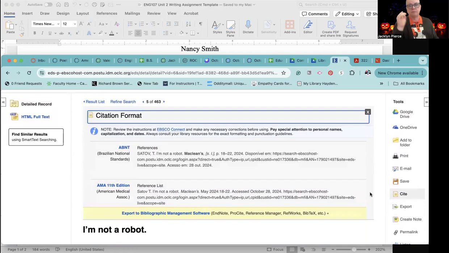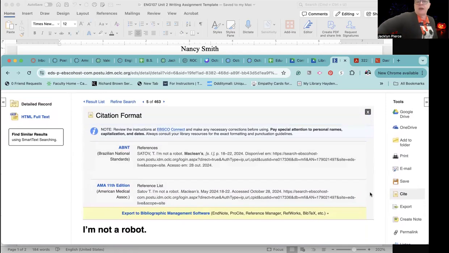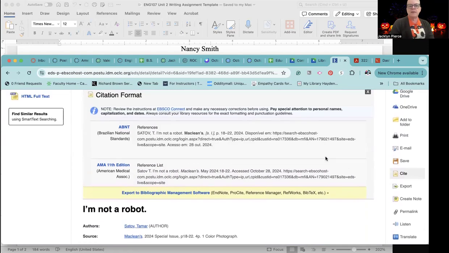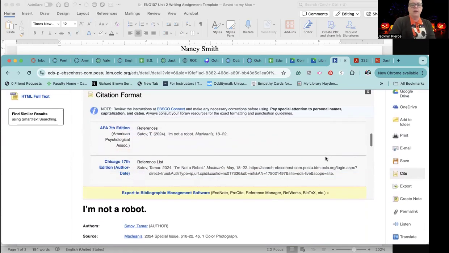So it's a good time to start. So let's take a look there. We would then need to scroll down to find the one that says APA. There we go. And we would just copy this and paste it into our Word document. That's all you got to do, right? Now, let me show you what that APA document is going to look like.